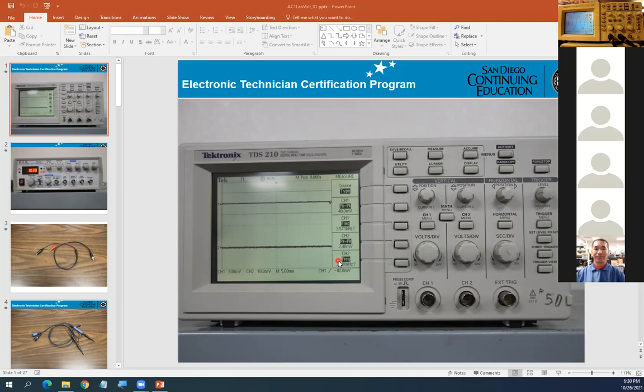I want to know another one. Maybe sometimes you want to monitor the input and the output at the same time. That means channel 1 for input and channel 2 for output.